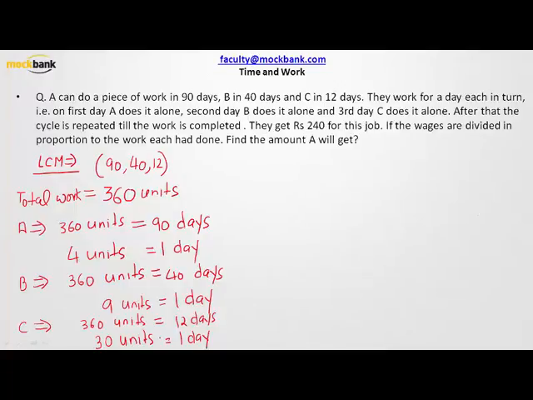So now we have found out the total units of work, that is 360. We have also found out that A's 1 day work is 4 units, B's 1 day work is 9 units and C's 1 day work is 30 units.